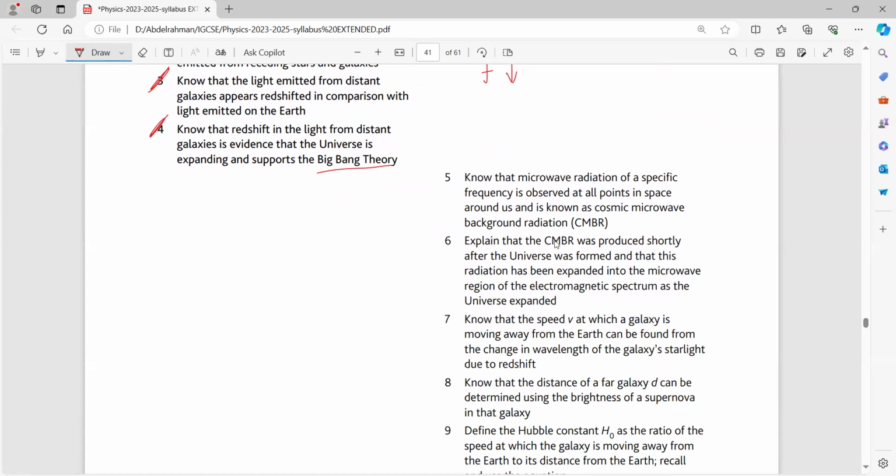One of the other points was something called the cosmic microwave background radiation, CMBR. When scientists searched the universe, wherever they pointed their satellites, at any point in the known universe, they found some radiation.